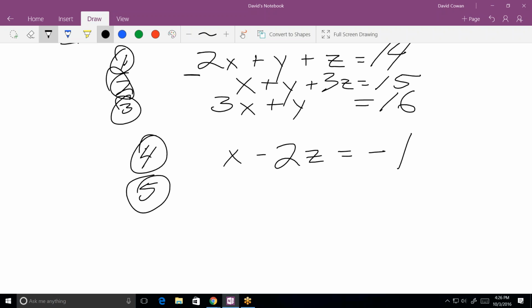Okay? Our goal is to eliminate y. Well, I'm going to eliminate y regardless of whether I do 3 minus 1 or 1 minus 3. Okay, I'd probably do 3 minus 1. Okay? What do you get? x.